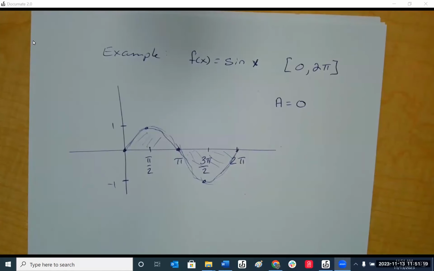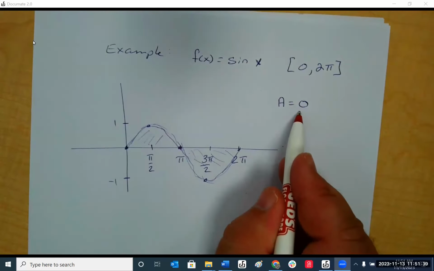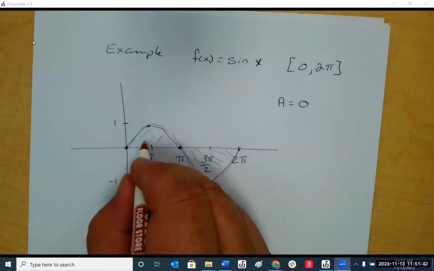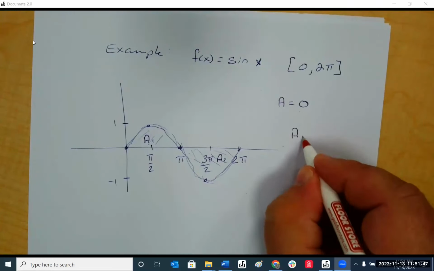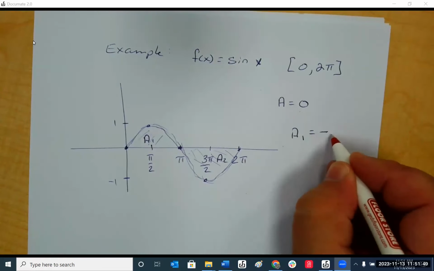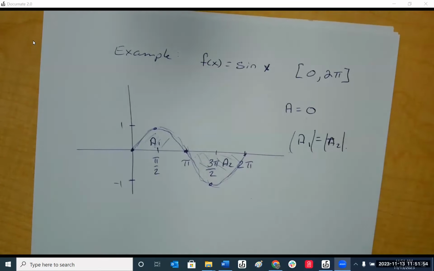So how would you go about finding the true area? In order for this to be 0, what has to be true? The area in A1 has to be the same: the absolute value of A1 equals the absolute value of A2.